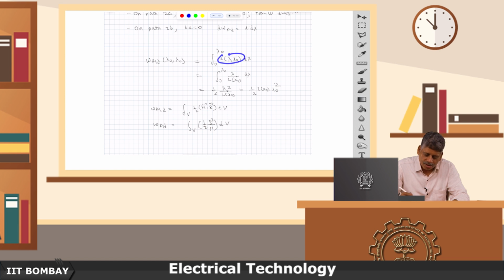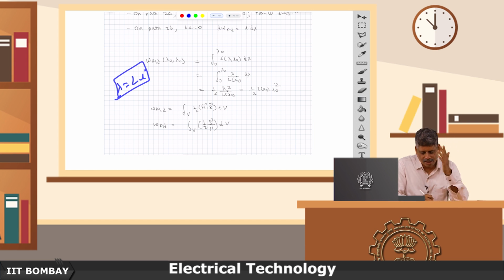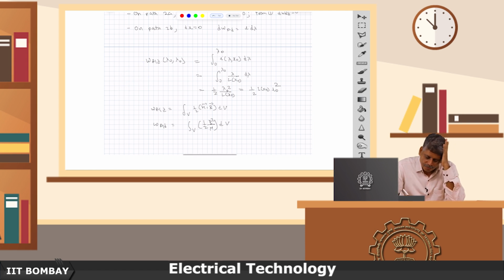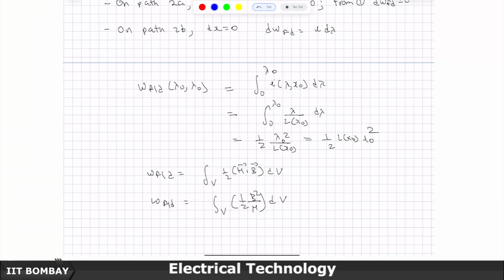Because lambda is L times I, I can write I as lambda by L of x naught, times d lambda. Because L is a fixed quantity, it is just integrating lambda d lambda, which is half of lambda square, taken as a definite integral from 0 to lambda naught.